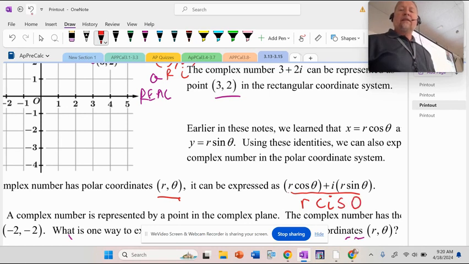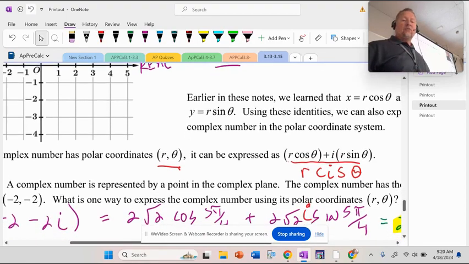This is written in this format because mathematicians are lazy. They like to shorten things down. Last year we did this a lot. We did cis numbers like we ended the school year with it. And all cis means is cosine plus i sine, and then the r is distributed. So I'll show you that as we go.